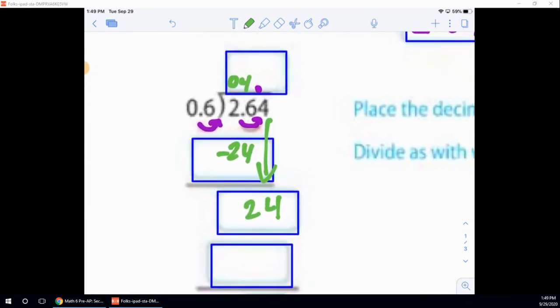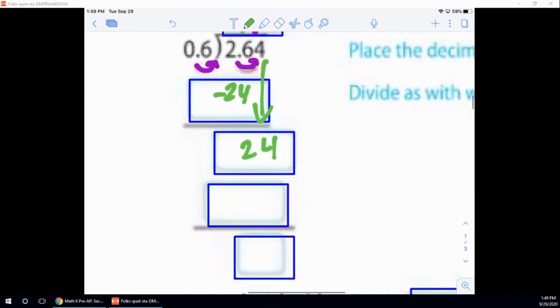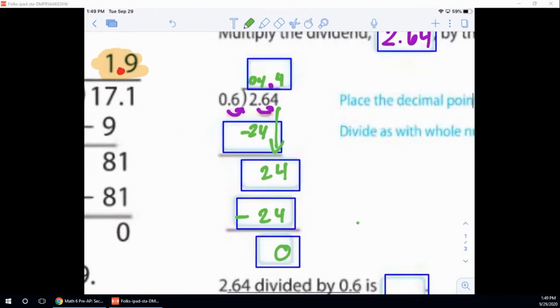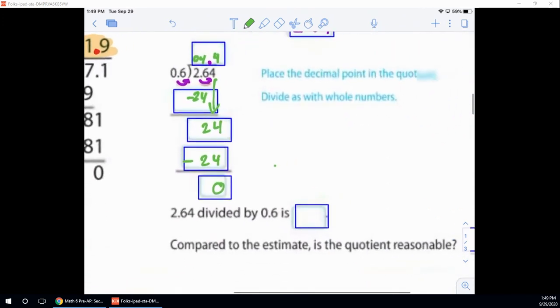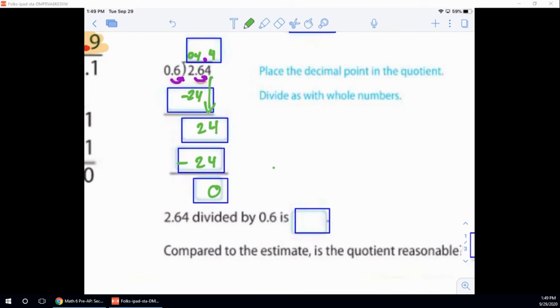And 6 goes into 24 4 times. And I get 24, subtract it. That's going to give me 0. Once I get to that 0, then I am done with that problem. I end up getting 4 and 4/10. So 2 and 64/100 divided by 6/10 is equal to 4 and 4/10.